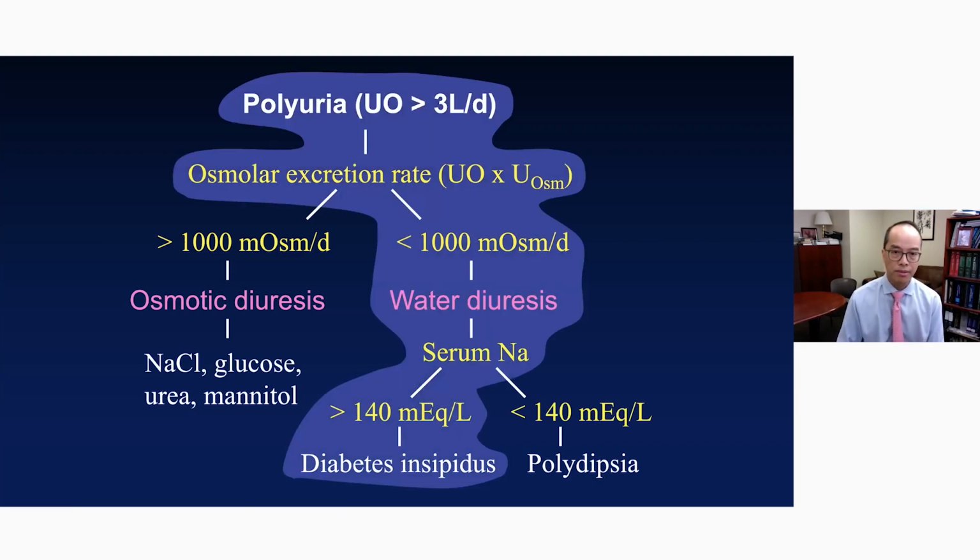So in this particular patient with polyuria, the osmolar excretion rate, if you multiply the urine osmolality by the urine output, was less than 1,000. The patient's serum sodium was greater than 140. So this was probably diabetes insipidus, and given the history, probably caused by lithium, which would suggest a nephrogenic diabetes insipidus.